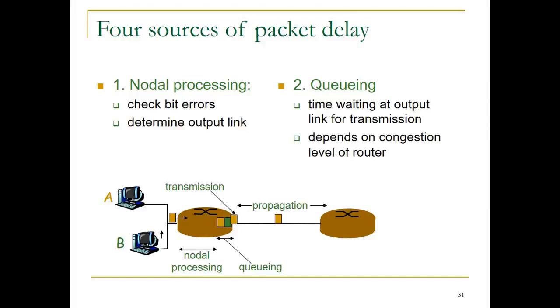Four sources of packet delays are nodal processing and queuing. For nodal processing, we're looking at how to check for bit errors and determine output links. And for queuing, look at time waiting at output links for transmission, and it also depends on the congestion level within the particular router. So the more you have, the higher the time delay becomes.